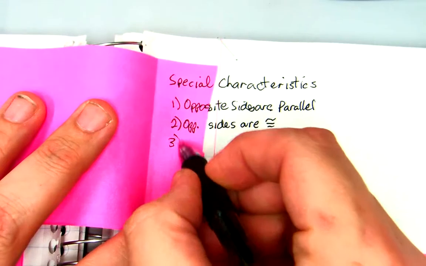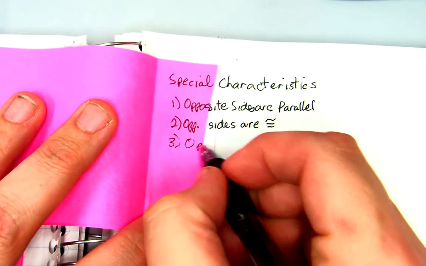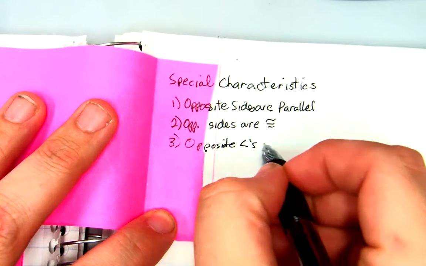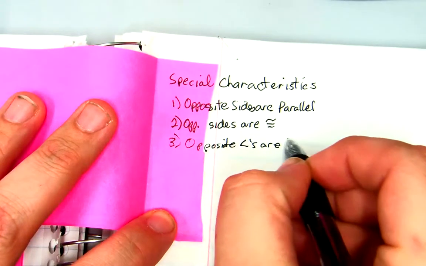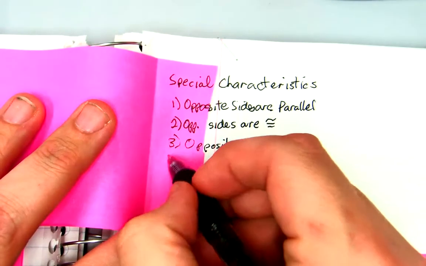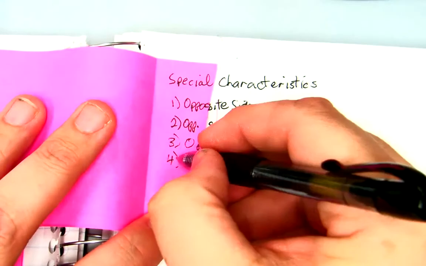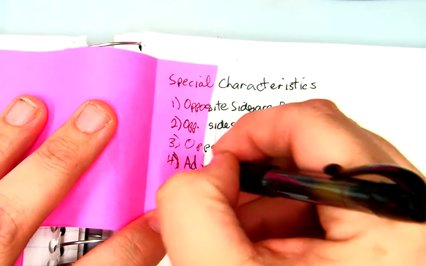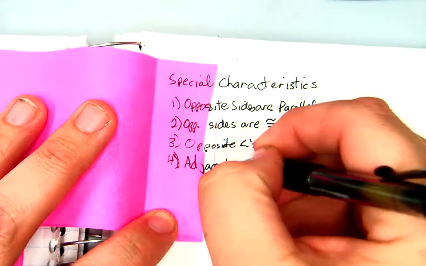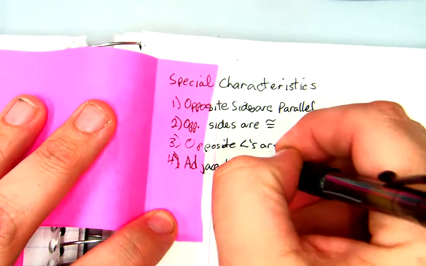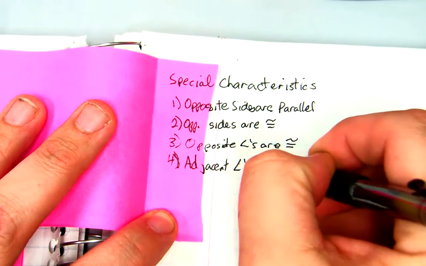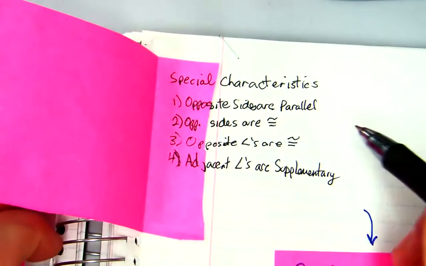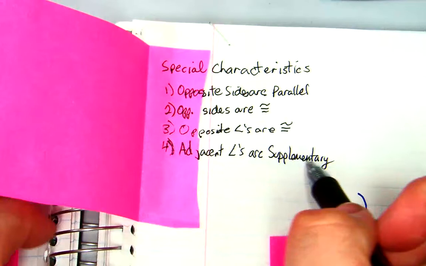Now, 3, opposite angles are congruent. And opposite angles are supplementary.